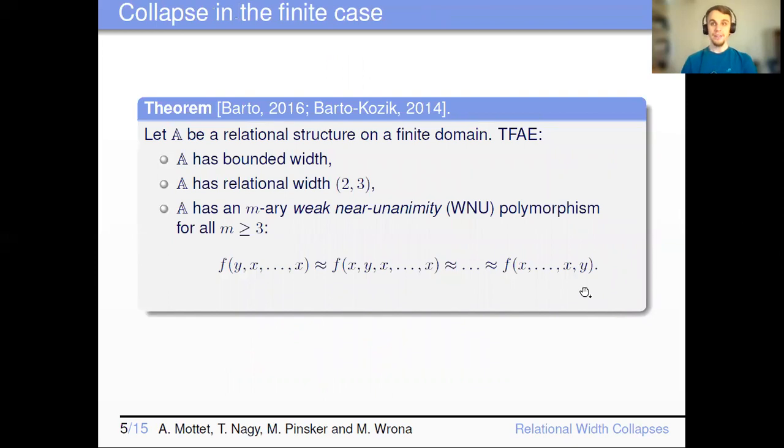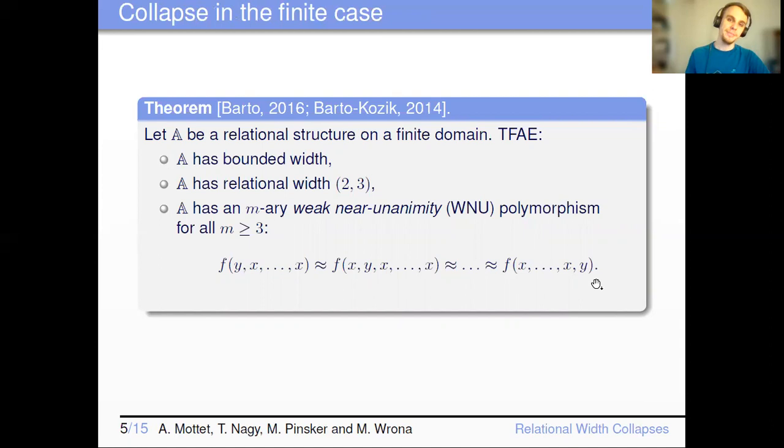And actually, if we restrict ourselves to CSPs with finite domains, so to relational structures with finite domains, then I would say relational width and bounded width are quite well understood. This is actually due to Barto, and the second part of this theorem is due to Barto and Kozik. It tells us that if we are given some relational structure over a finite domain, then it's equivalent for it to have bounded width, to have relational width 2, 3, or to be preserved by an m-ary near-unanimity polymorphism for every m greater or equal to 3.